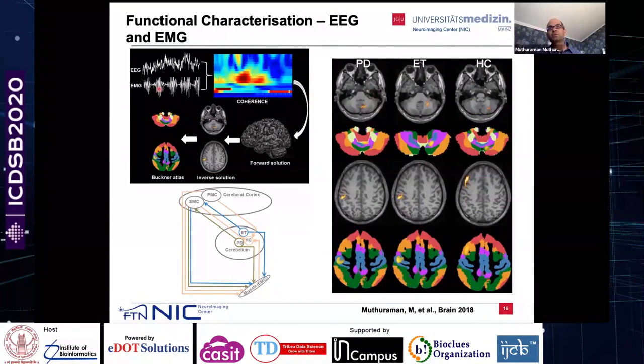So as I showed the pipeline earlier, EEG, EMG, the coherence, and then we do the inverse solution, and then estimate that in a certain atlas, which gives you good connectivity maps. So here is Parkinson's disease, who have a problem with the hand, let's say tremor, and there is another tremor group, and here are the healthy controls, which means they imitate the tremor in these subjects.